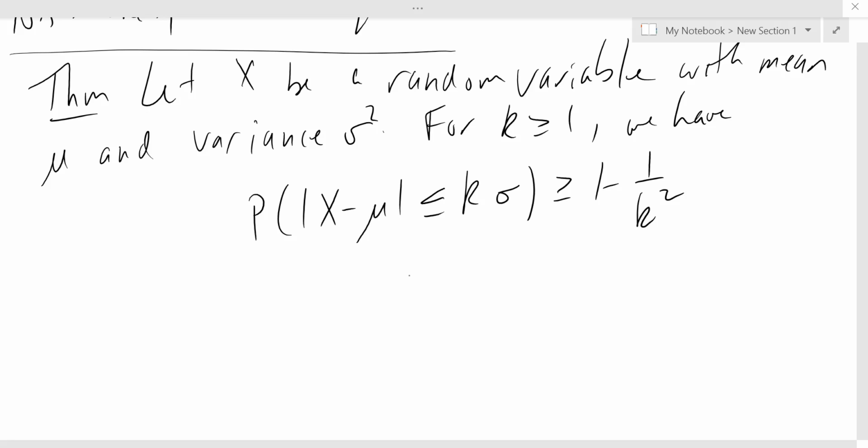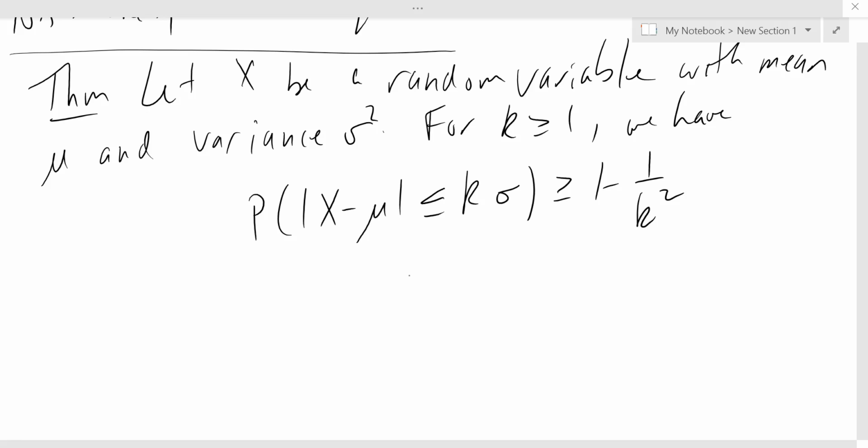We know for the normal distribution it's even better: about 68.34% lie within one standard deviation, about 95% within 2, about 99.7% within 3. So those bounds are not great for the normal. But again, this is a statement for any distribution, not just the normal or exponential distribution or what have you. That's the cool part about this theorem.